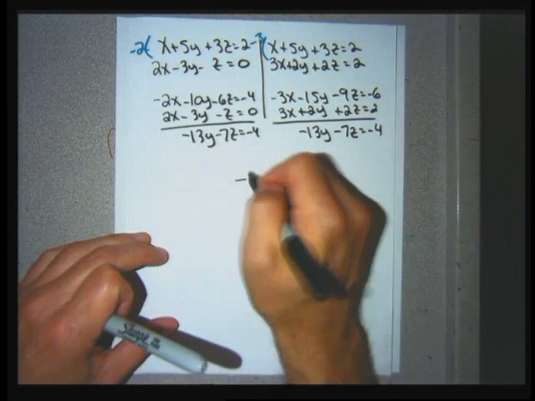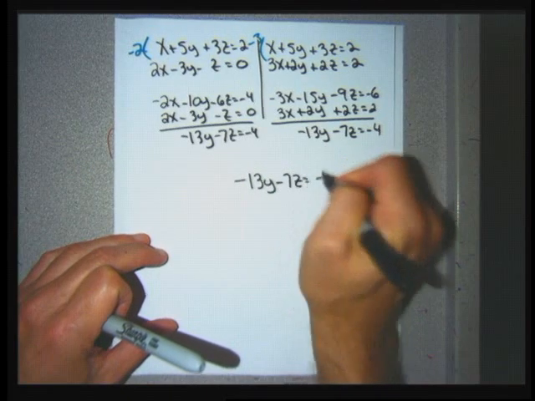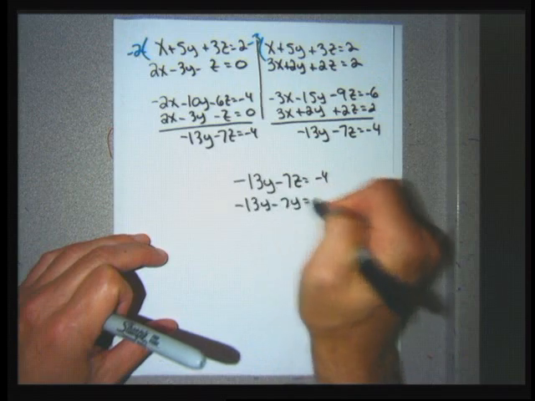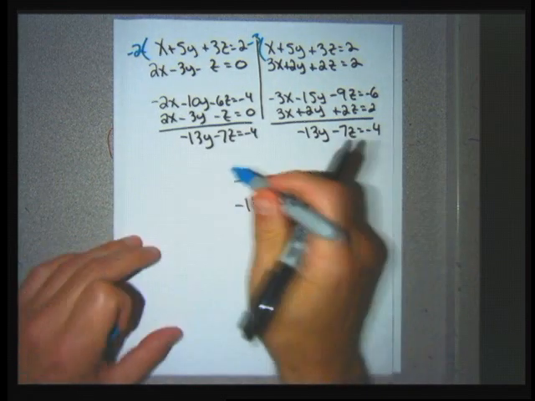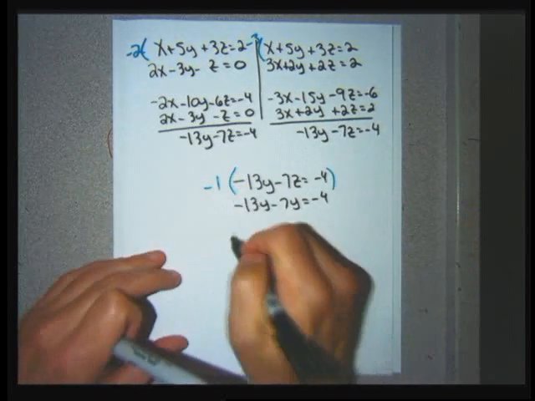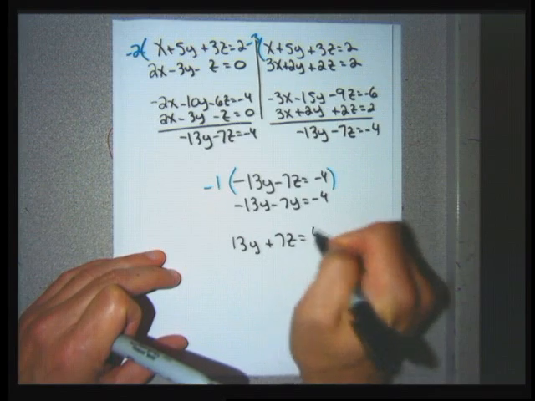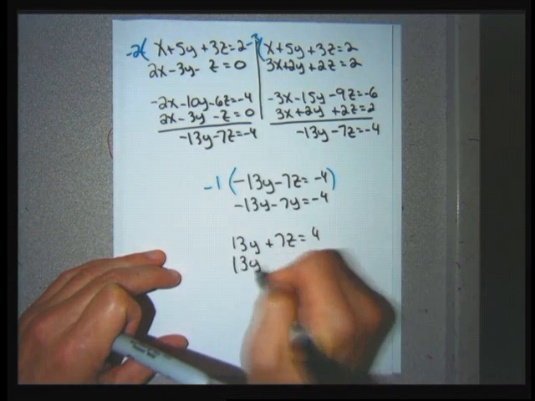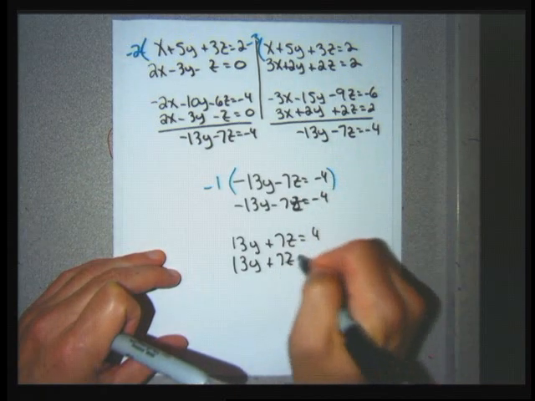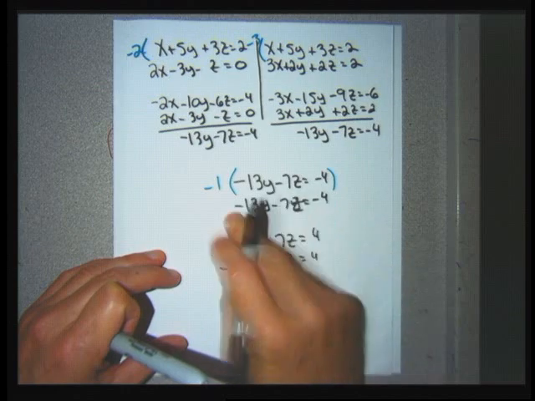When I stack these on top of each other, they don't cancel until I multiply one of them by a negative 1. So I'm going to take the top, multiply it by negative 1, and get 13y plus 7z equal to 4 on top of negative 13y minus 7z equal to negative 4.